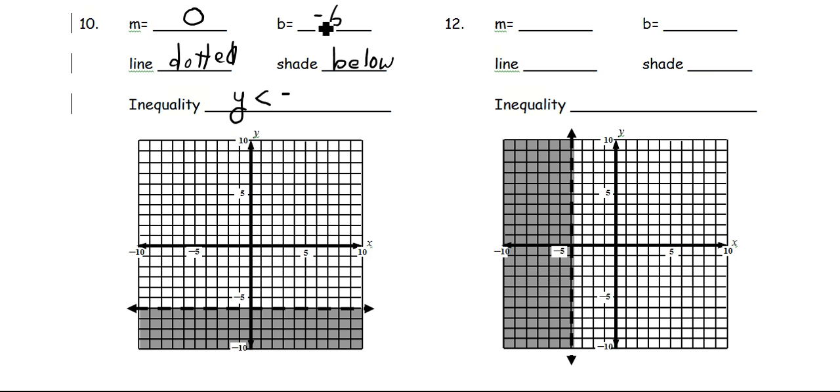Now, the interesting thing about number 12 is that it is not a true function. It's not a true function because it has this vertical line. Whenever you see a vertical line, I want you to go ahead and put x. Now, this is not shaded above or below, so we can't use what we've done before.